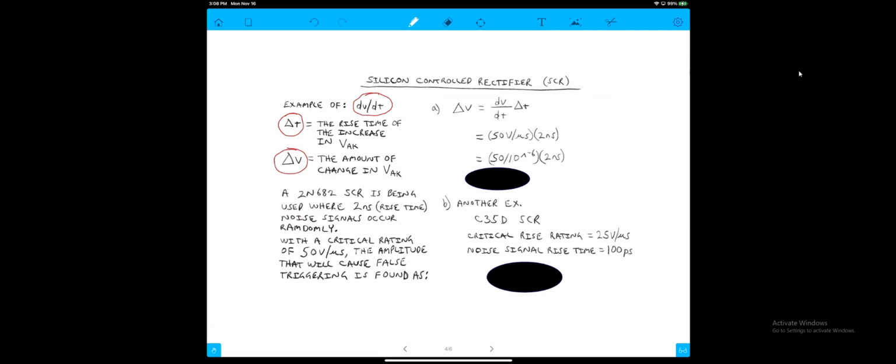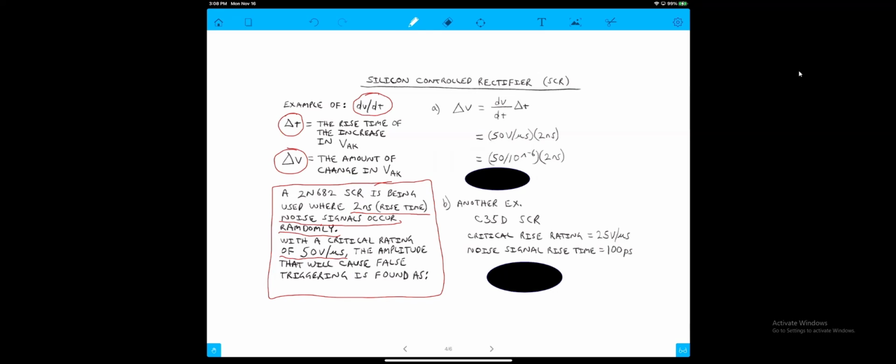All right. In our first example, we have a 2N682 SCR being used where there is a 2 nanosecond rise time noise signal occurring randomly. So this is random noise, a random amount of current or voltage going through our circuit, with a critical rating of 50 volts per microsecond.